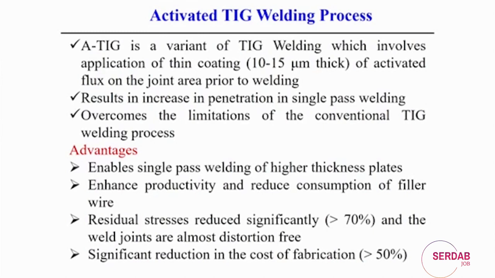So, that is the difference here. What are the typical advantages of this process? The basic advantage is that it enables single pass welding of higher thickness plates. It is not necessary to do multiple welding passes, because it considerably increases the depth of penetration. So, multiple passes are not required in this case.